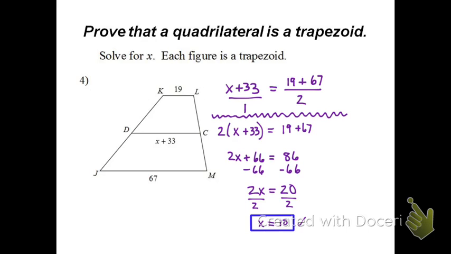And then, yeah, if you wanted to plug it in just to check, 10 plus 33 would be a segment of 43 units, which does fall pretty well between 19 and 67. Pretty well as in it's the exact middle.